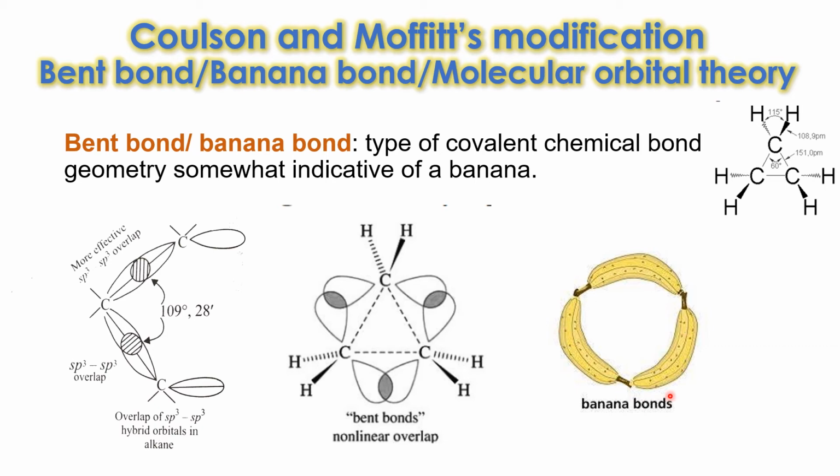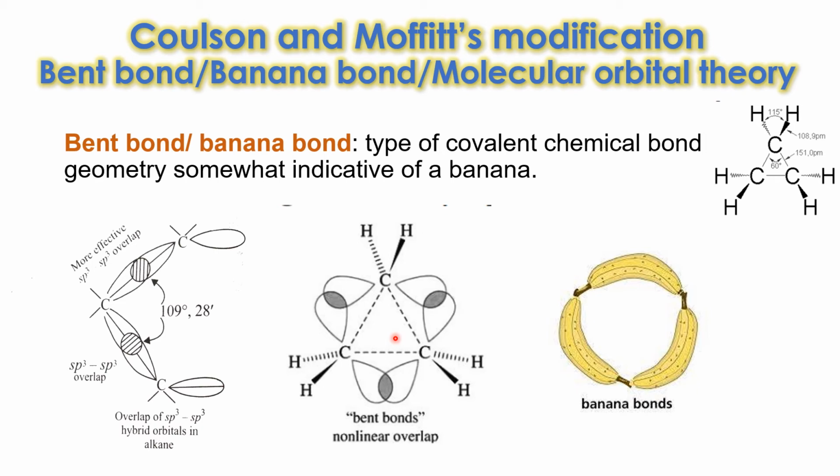So Coulson and Moffitt's modification explains why cyclopropane is unstable. Even the same thing was put forth in Baeyer's theory, but it was in the concept of deviating in the bond angle. The more the deviation, the more unstable it is.